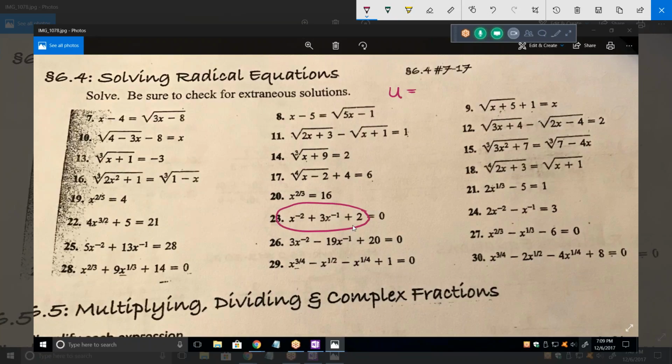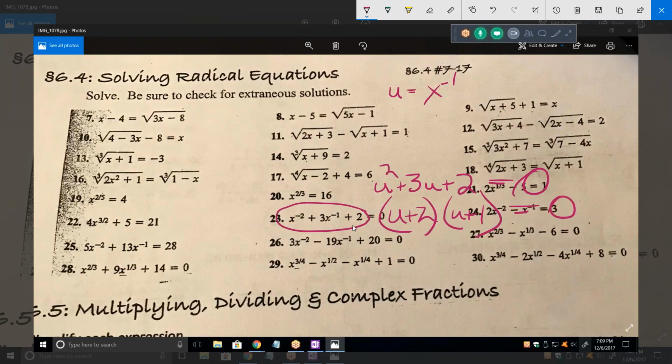If you let u be the middle variable, this whole thing turns into u squared plus 3u plus 2 equals 0, which factors quite nicely into u plus 2, u plus 1 equals 0. So my answers are u equal minus 2 or u equal minus 1.